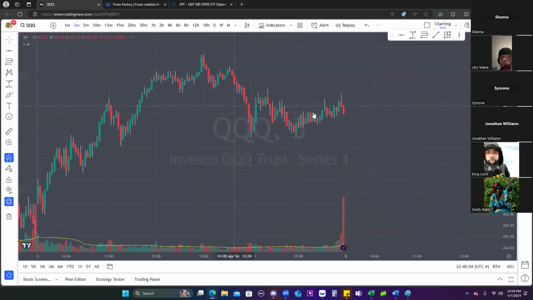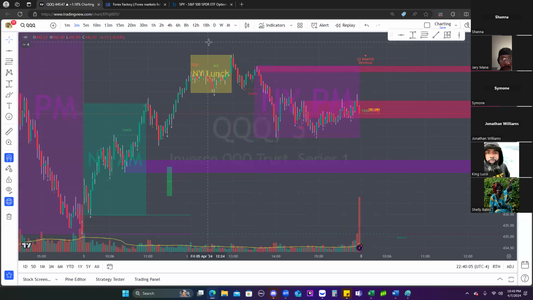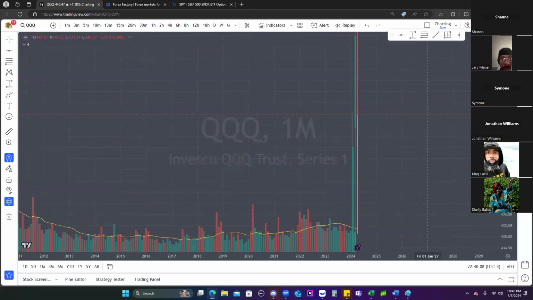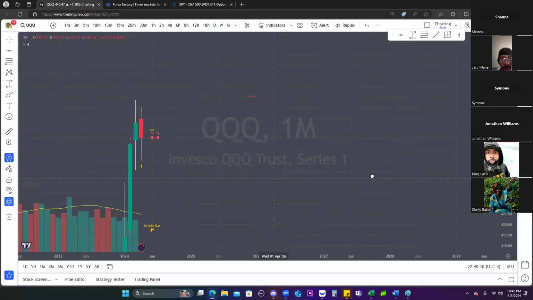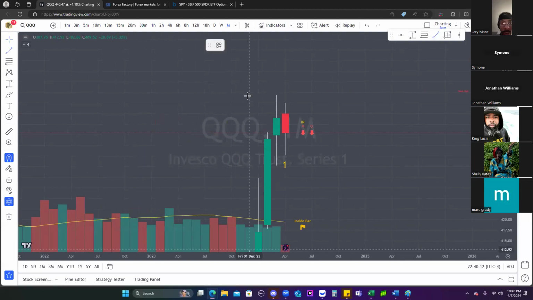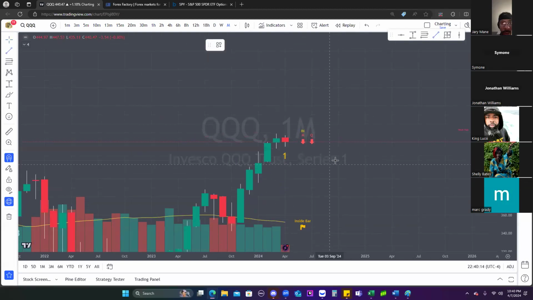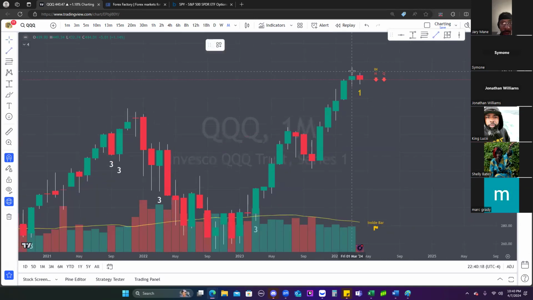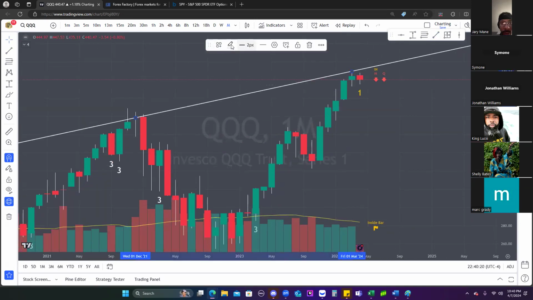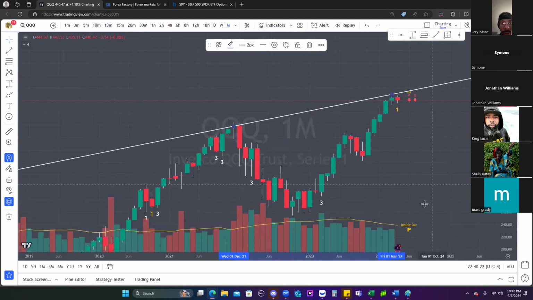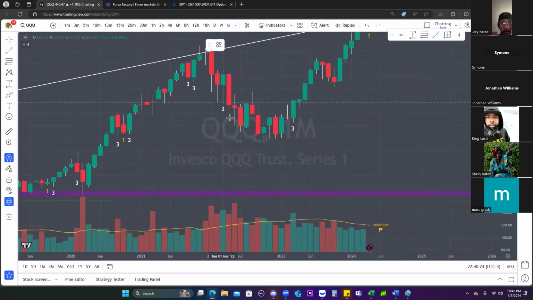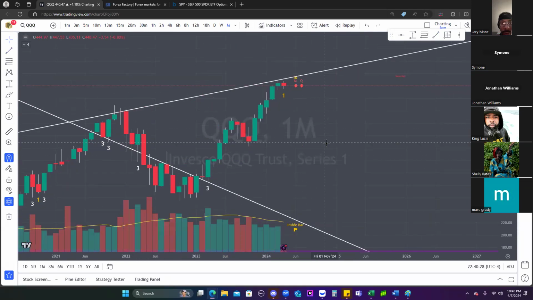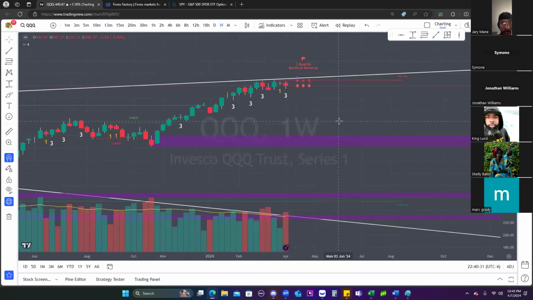QQQ. All right, QQQ. Gonna again come to the monthly, draw myself out real quick. See, it's the same repetitive process, especially when I start blank. Give me my range. Here we are with range.